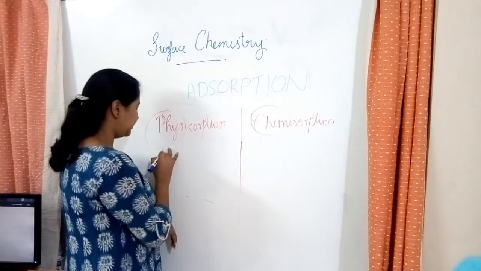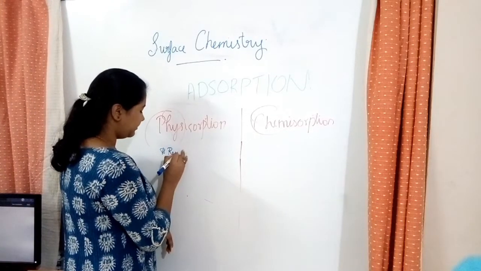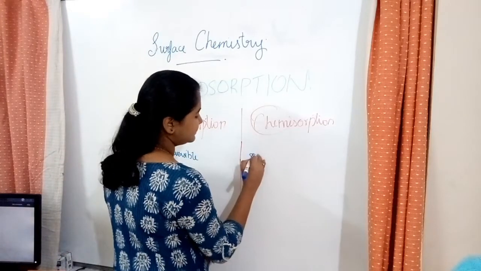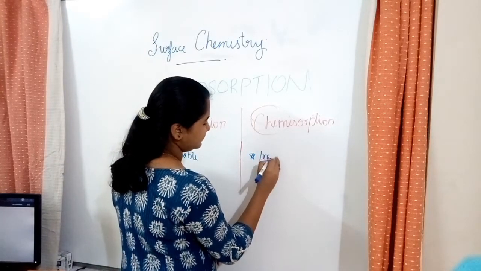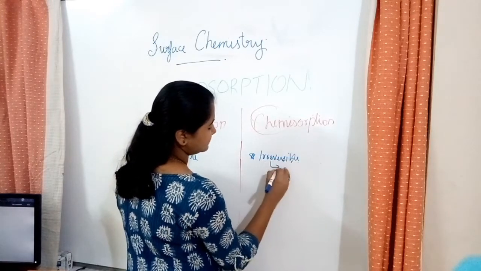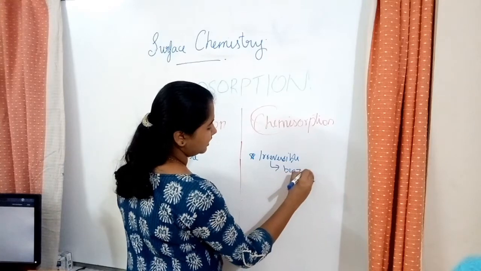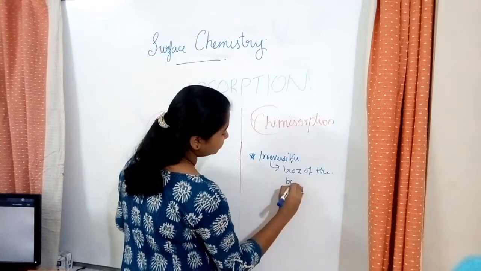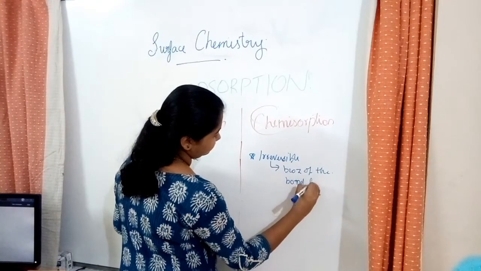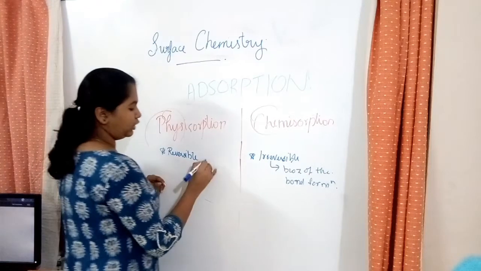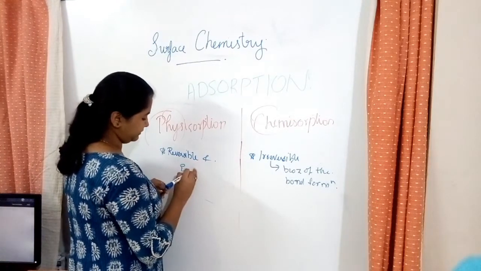So over here it's reversible, and over here it's irreversible. Why is this? Because of the bond formation. And also it attains equilibrium faster.